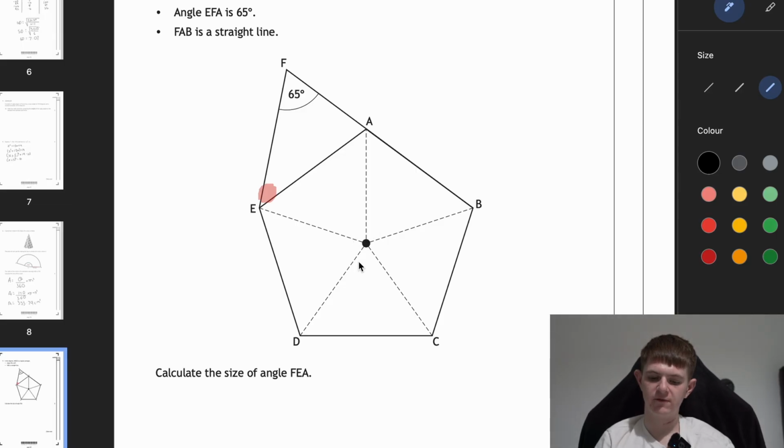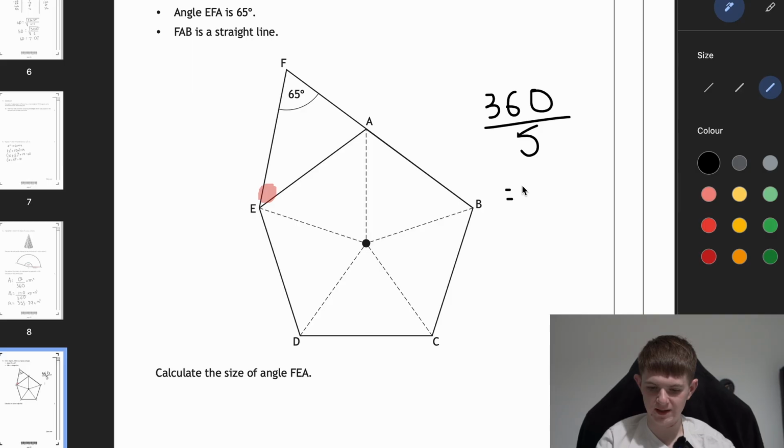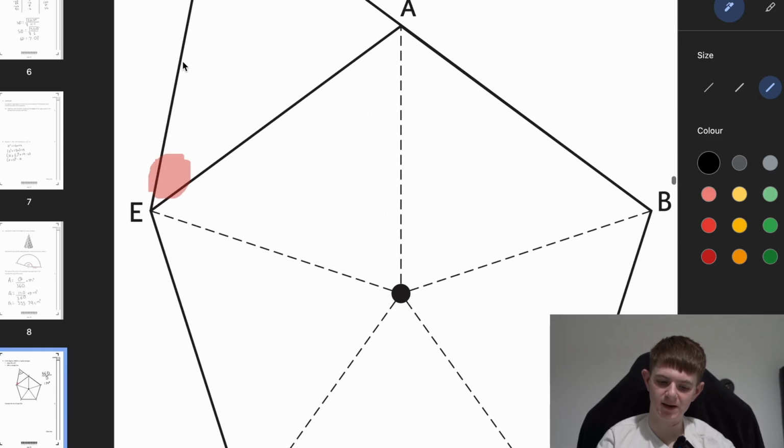So if we divide 360 by 5, that's going to give us the angles in here is 72 degrees. Yes, you can put it all the way around, but we're only needing to work in here. So I'm going to put 72 degrees in here.